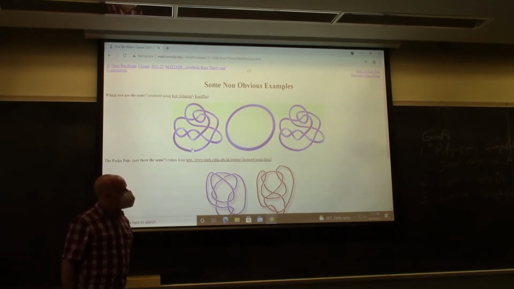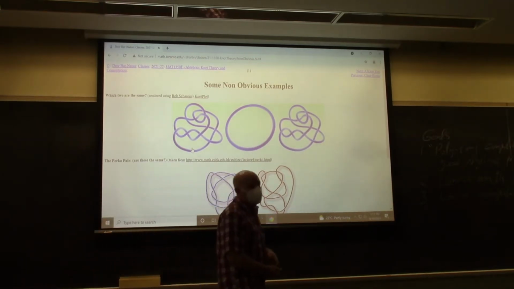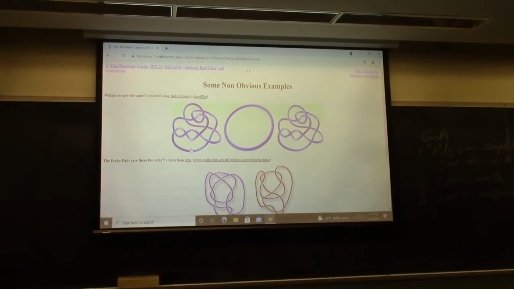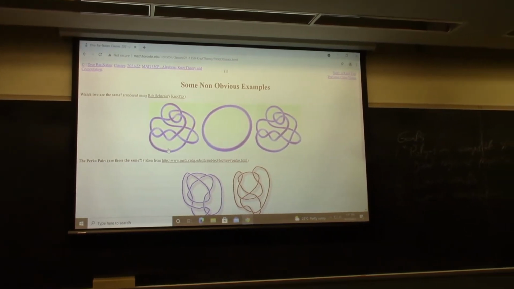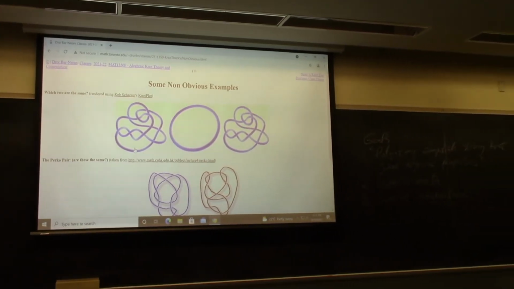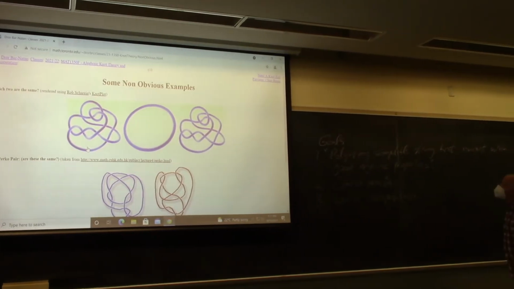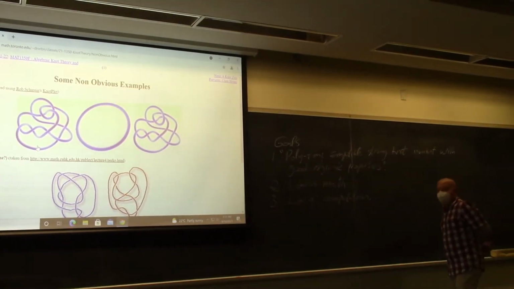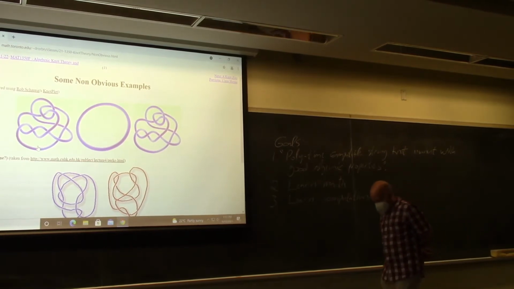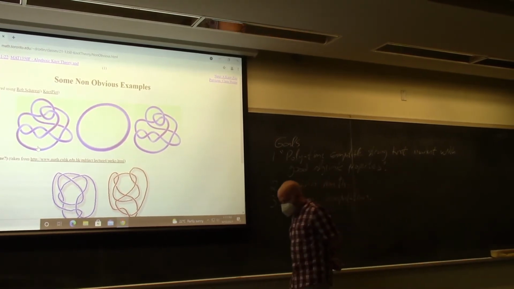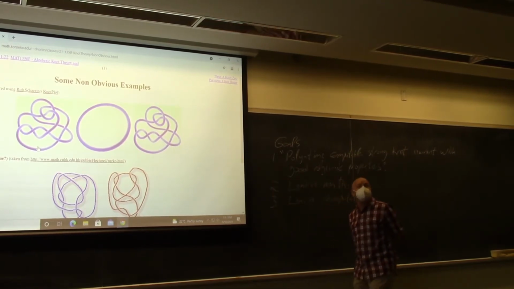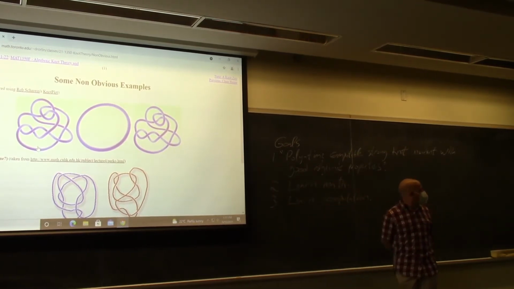So, the goals of the class are as written here. Namely, the first one is a mouthful: to construct a polytime computable strong knot invariant with good algebraic properties. I have to say that this had been my dream for about 15 years.